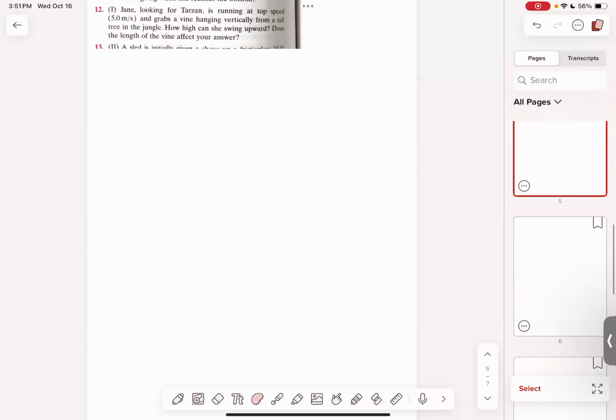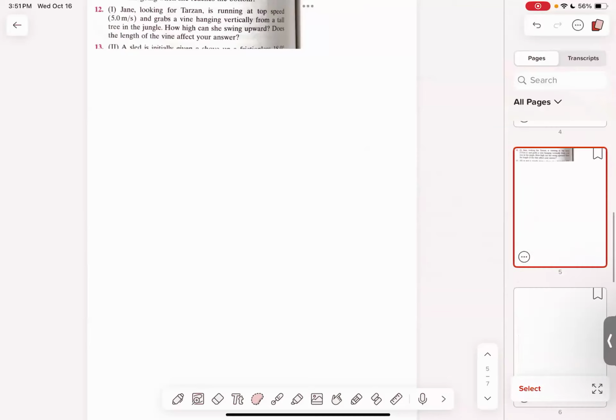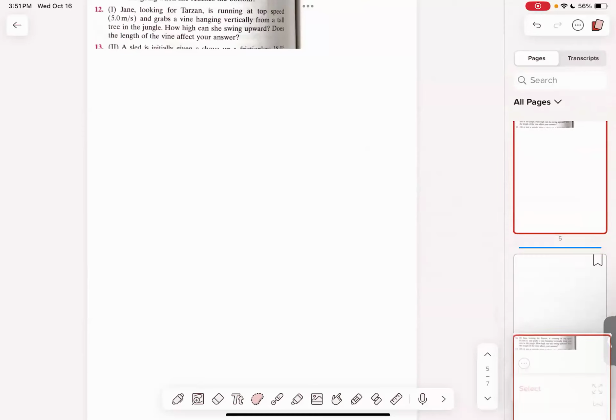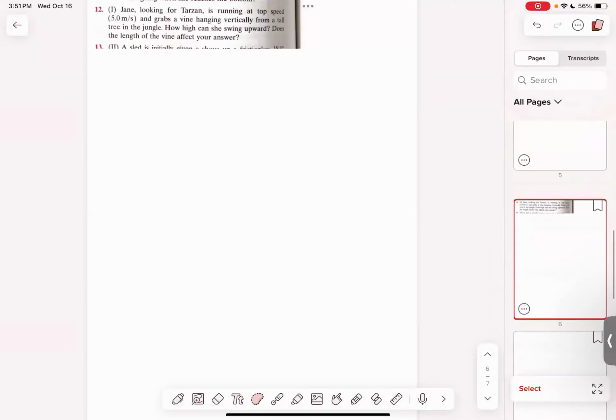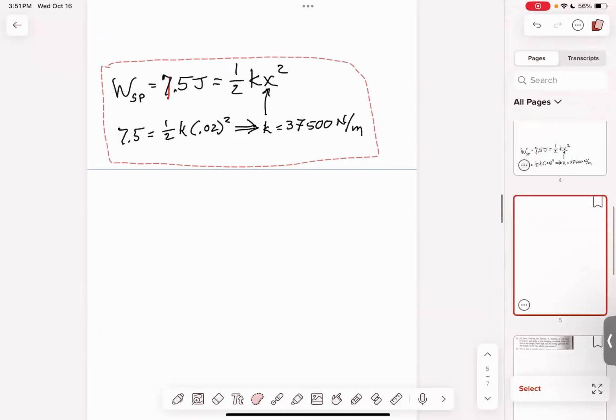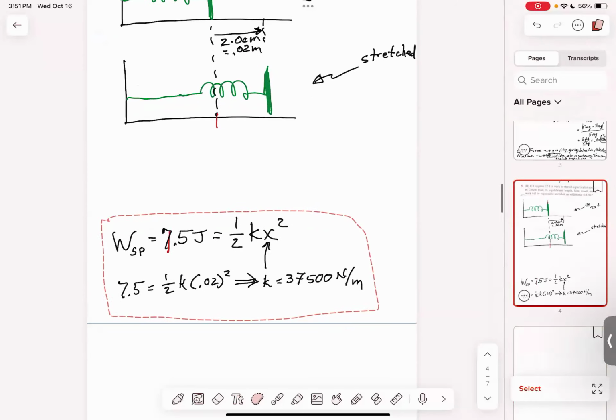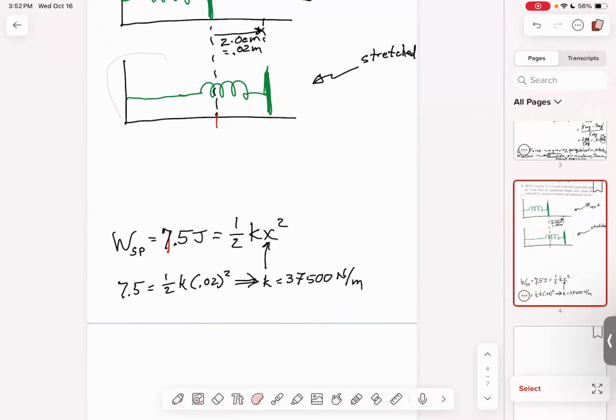Sorry, class. Let's move that down. I want a blank page there. Okay. So we're going to move this last spring another 0.06 centimeters.